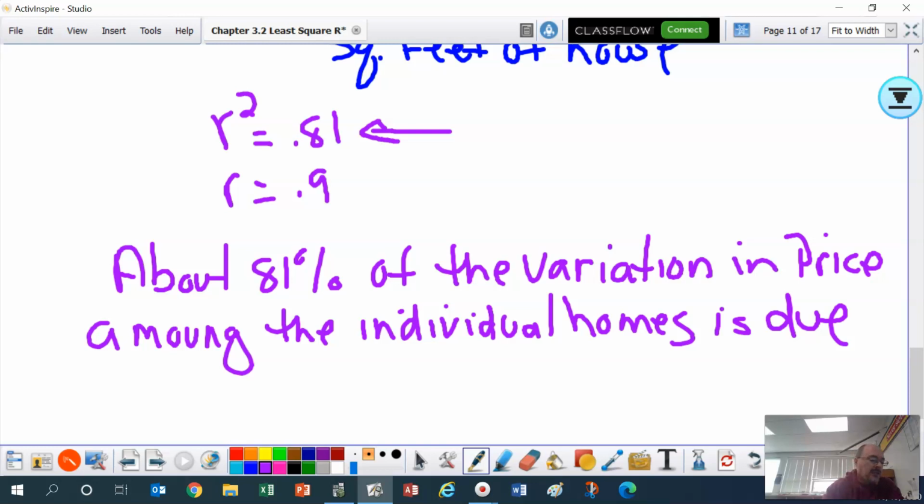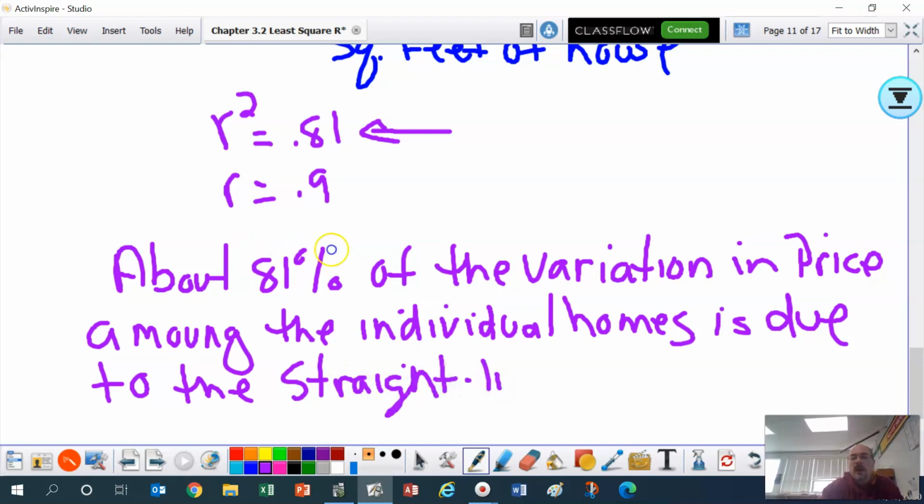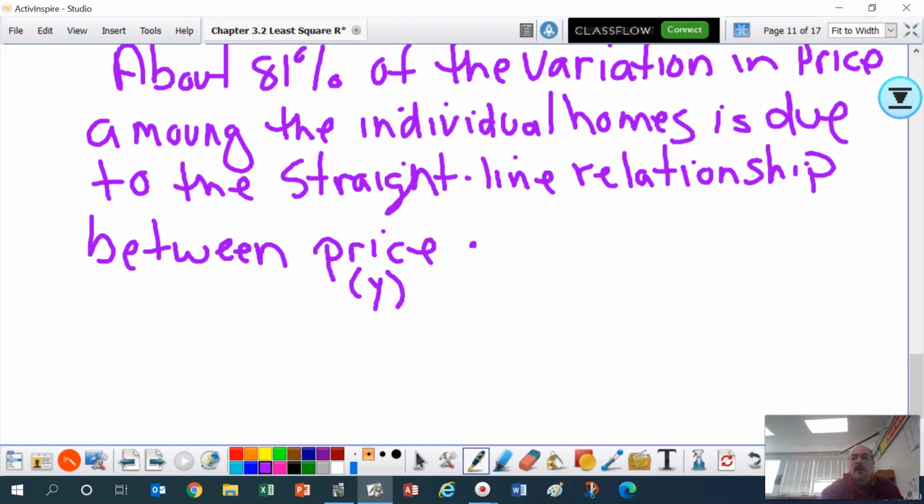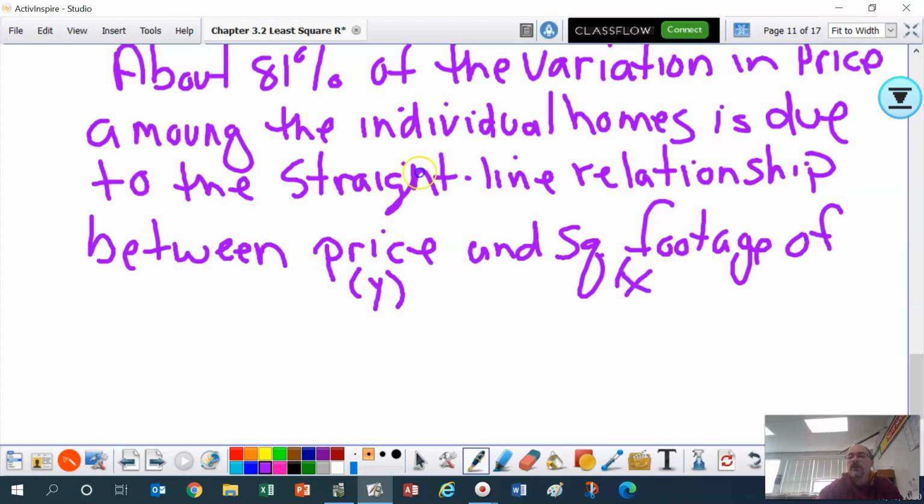So practice, is due, that's why look at those examples in the book, is due to the straight line relationship between price, which is your Y, and square footage, which is your X, of the homes.